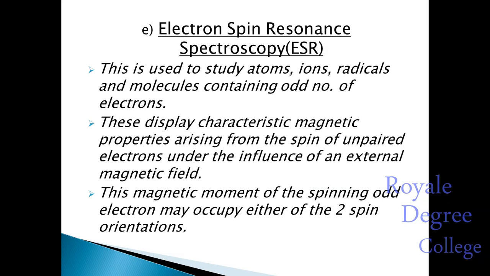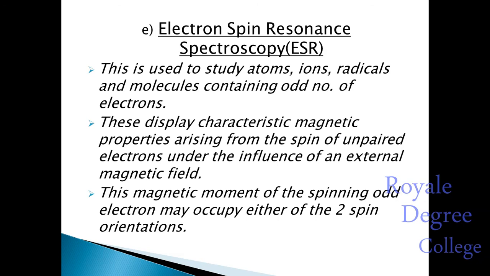Next type of molecular spectroscopy is electron spin resonance spectroscopy, ESR. This is used to study atoms, ions, radicals and molecules containing an odd number of electrons. These display characteristic magnetic properties arising from the spin of unpaired electrons under the influence of an external magnetic field.